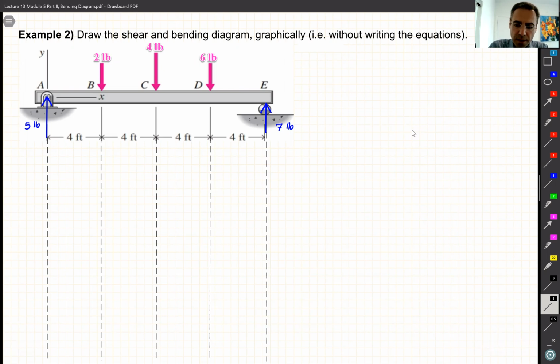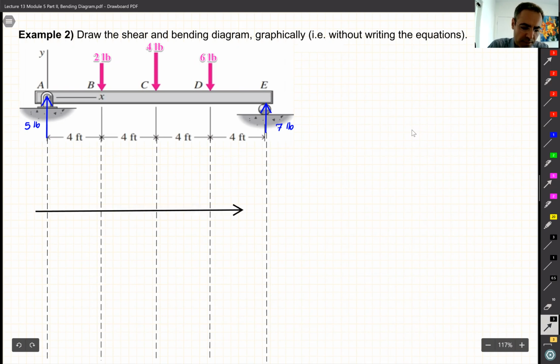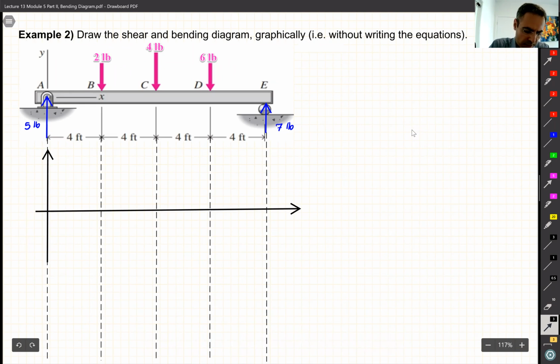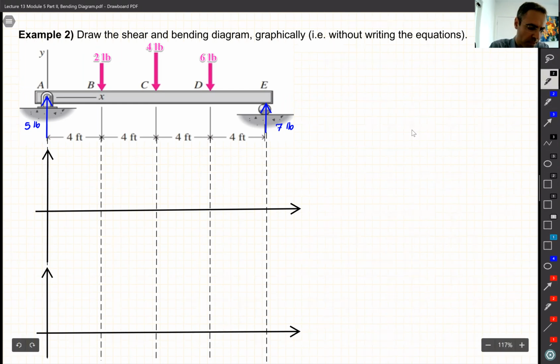And then our X and Y axes, we always start from the left, and let's say this is going to be the X. Here, let's say this one to be V. And similarly, this is V, and this is again X. V, X, and M, X, right?